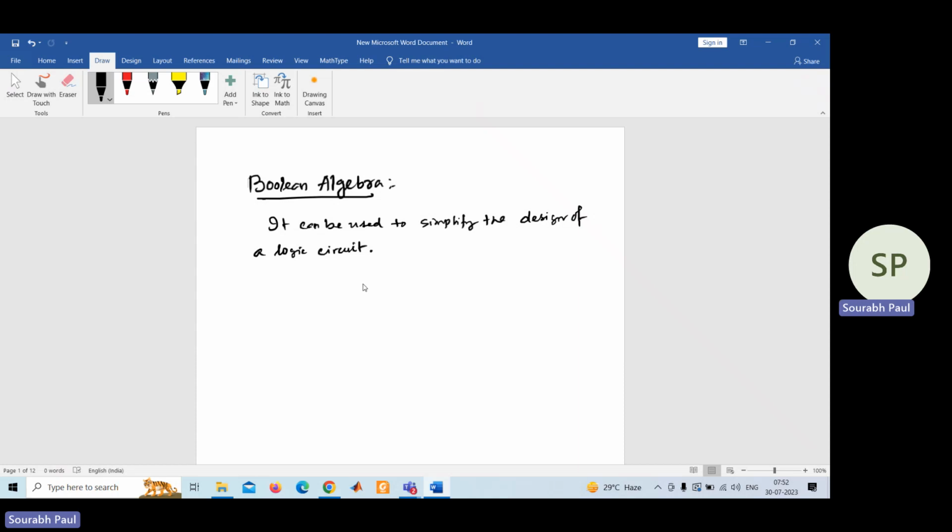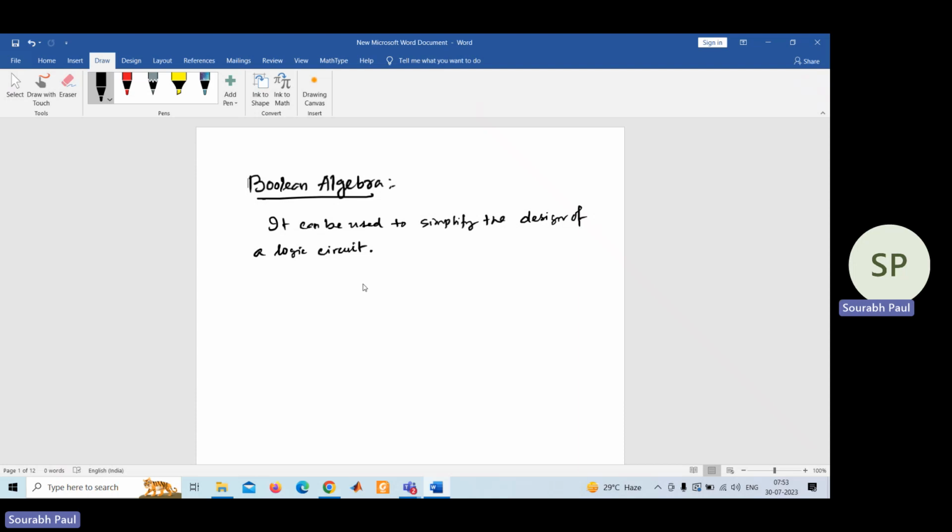Whatever expression you have, using Boolean algebra you can minimize it so that the number of variables or terms can be reduced. As a result, the number of used gates will be in minimum form.